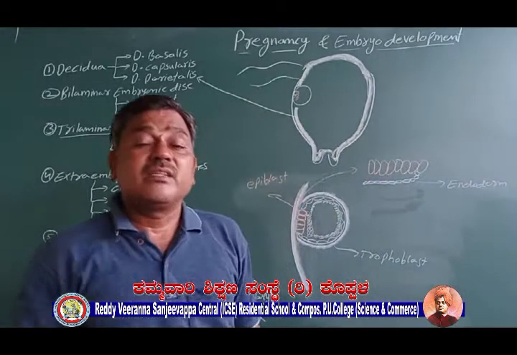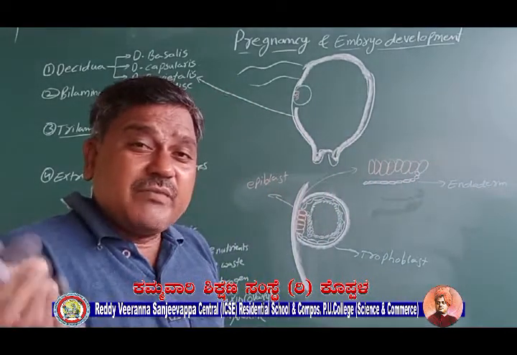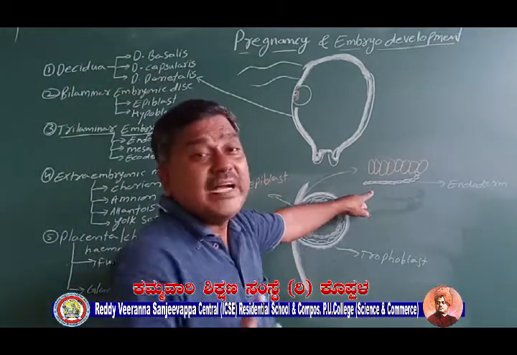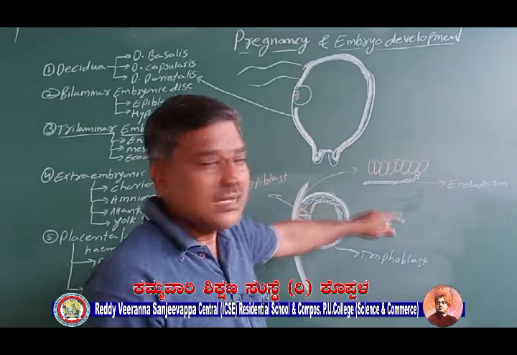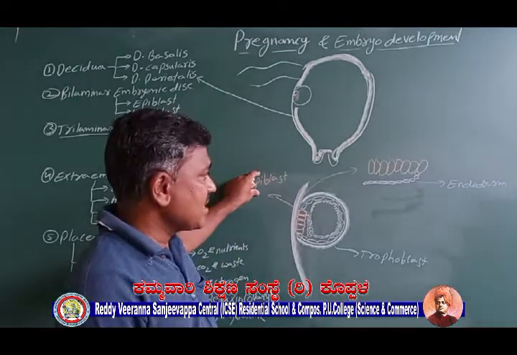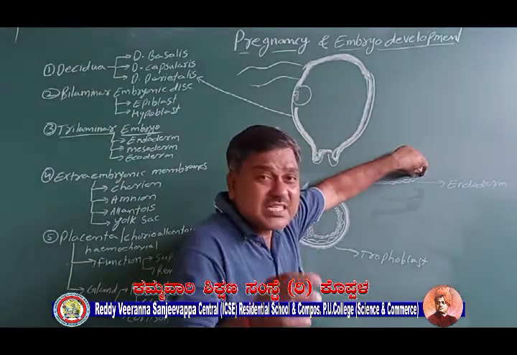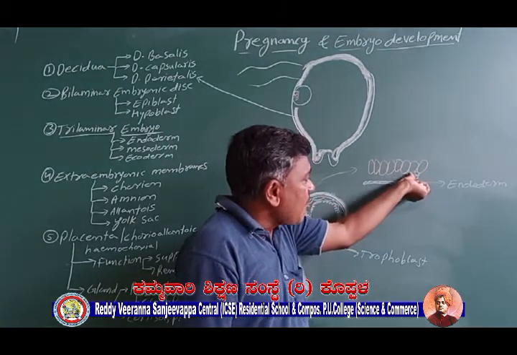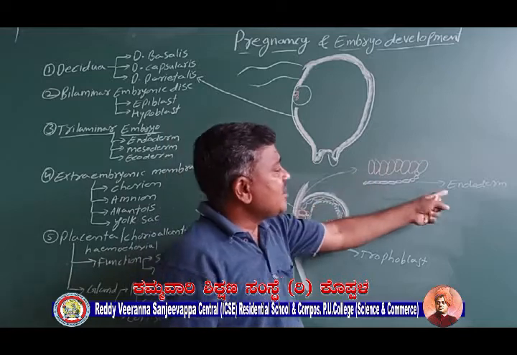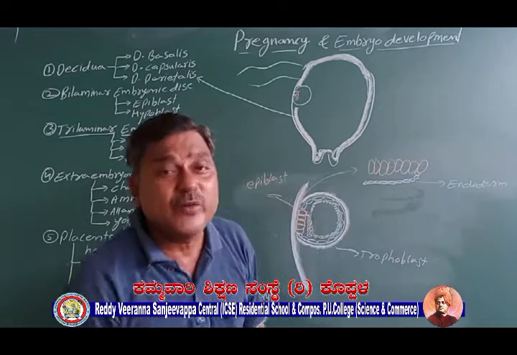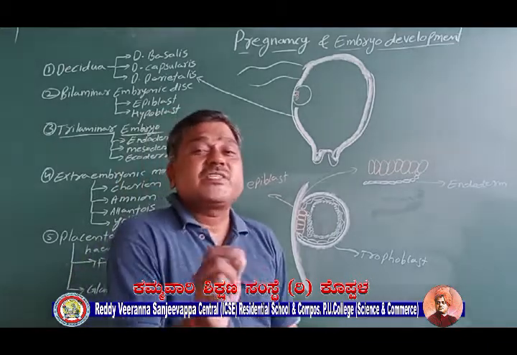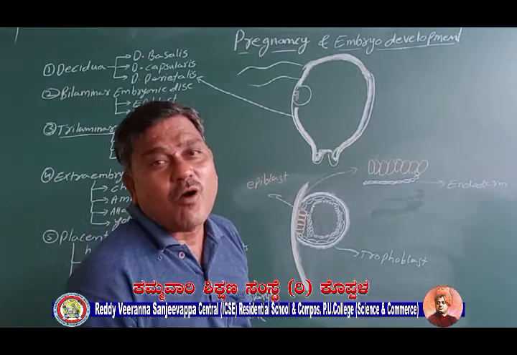Now keep in mind, the first germ layer which is formed during embryogenesis is nothing but the endoderm. Clear? So some of the epiblast cells start dividing, they separate from this layer, they form a separate layer, and this layer we are calling endoderm. For CET as well as NEET purpose, which is the first germ layer formed?